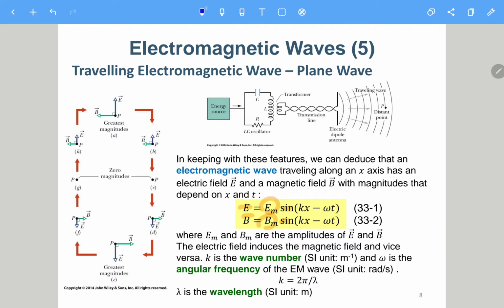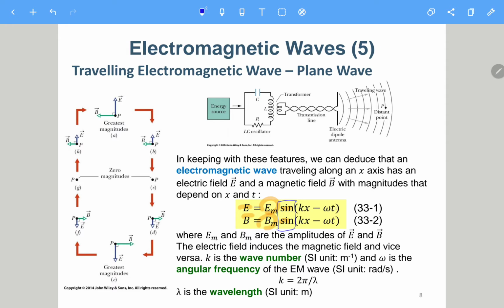If the E field is Em times cosine of kx minus omega t, the B field should also be Bm times cosine of kx minus omega t. As long as they are in phase, this should be the same. It can be either sine or cosine. Of course, in the textbook, they just write sine of kx minus omega t.